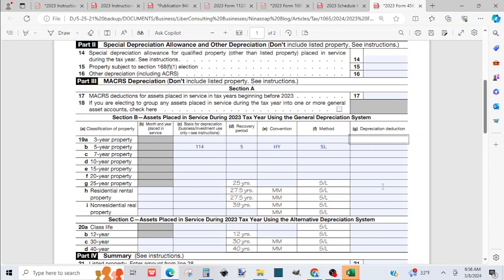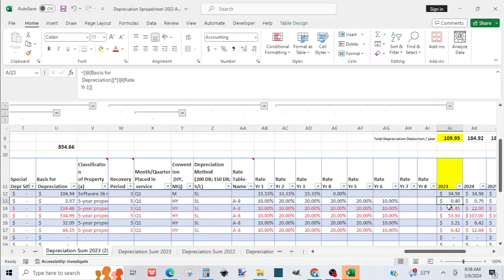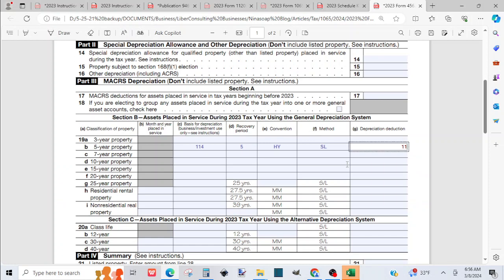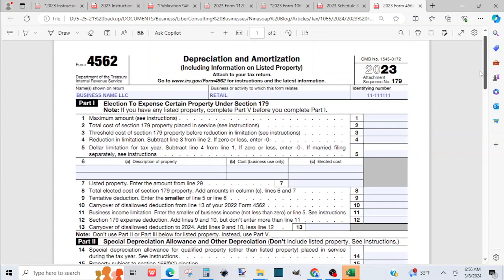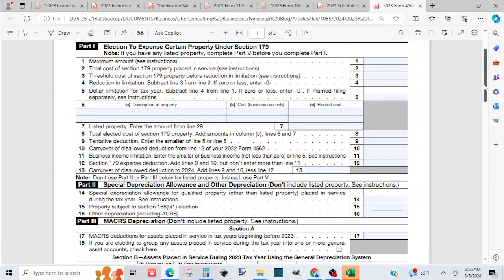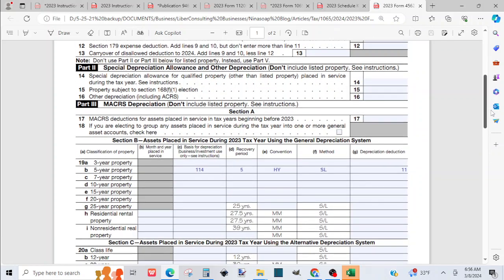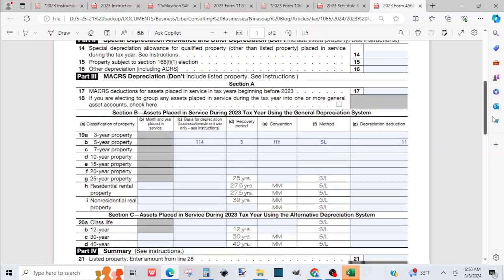The depreciation total is going to be 11, and we will save. So this one will just have those depreciation on it with the top of the business name, activity type, and EIN will be on it, because you only have 1 row for 5-year property.